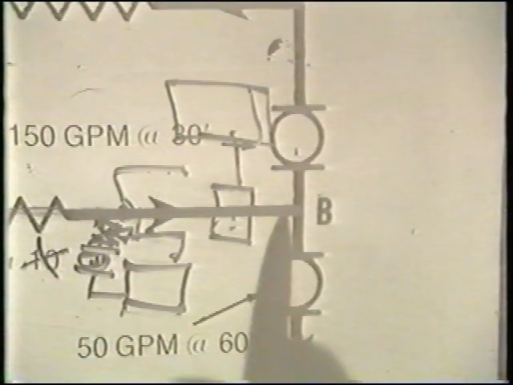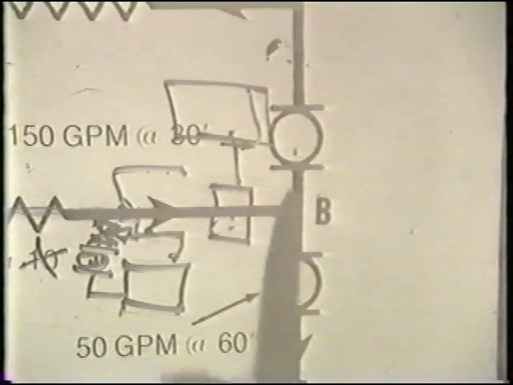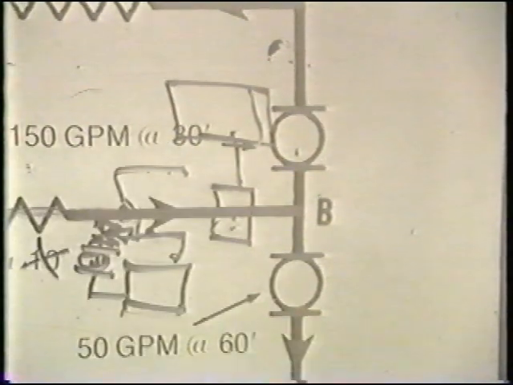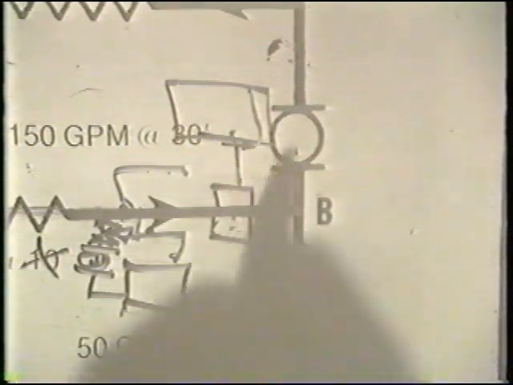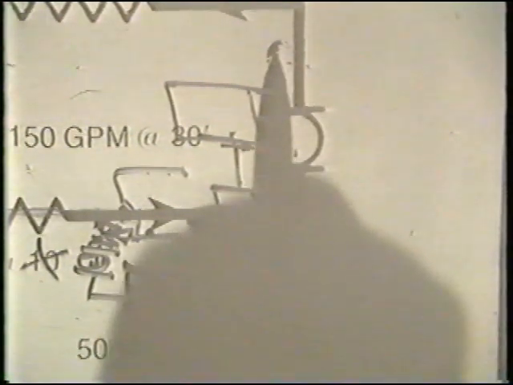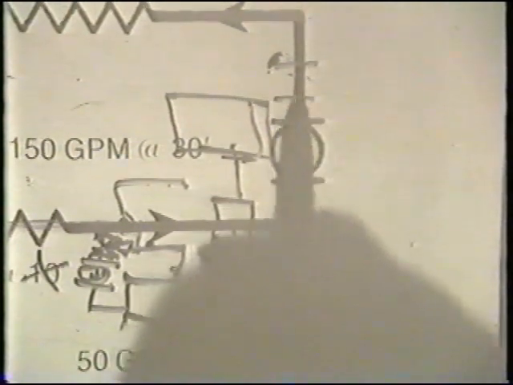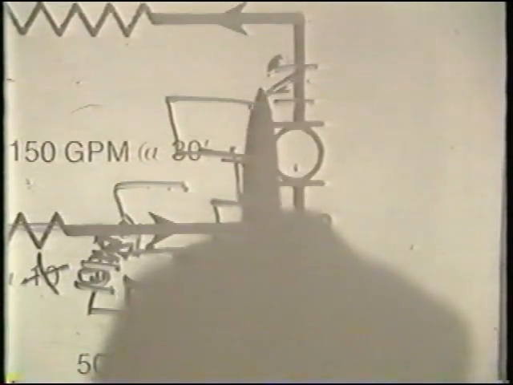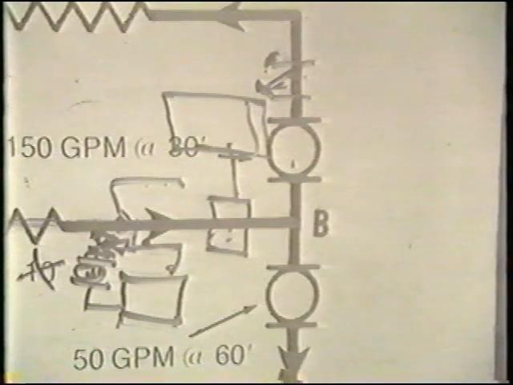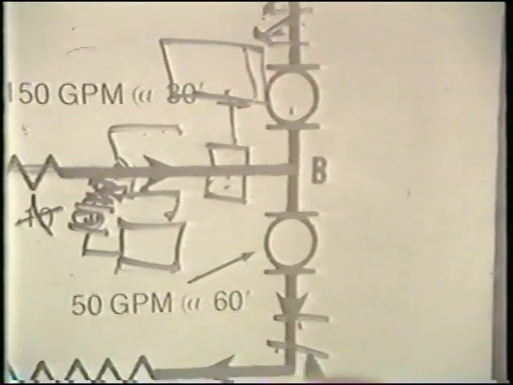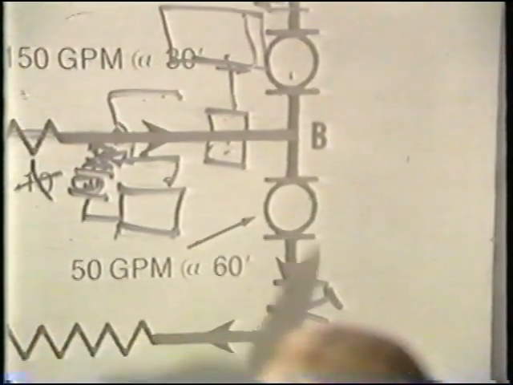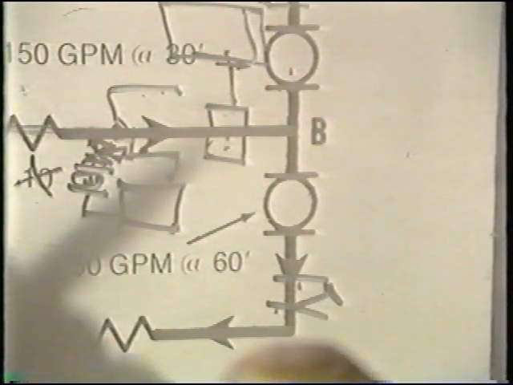Now, should fine mesh strainers be needed for the protection of control valves, etc., in the secondary circuits, we would place those fine mesh strainers at the discharge of the pumps.